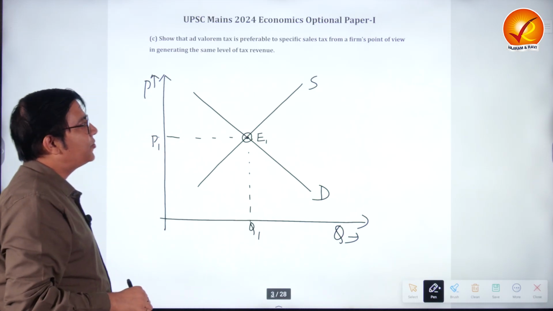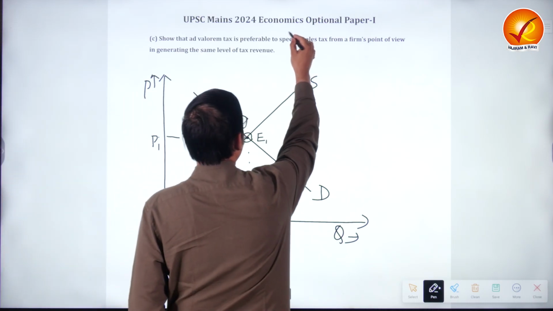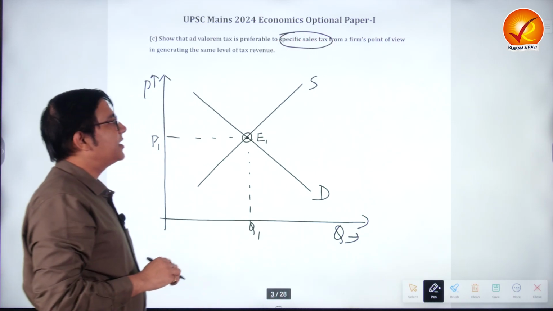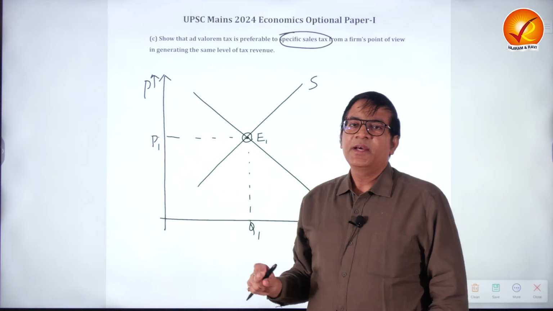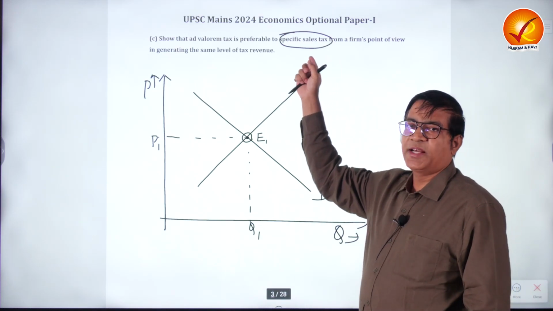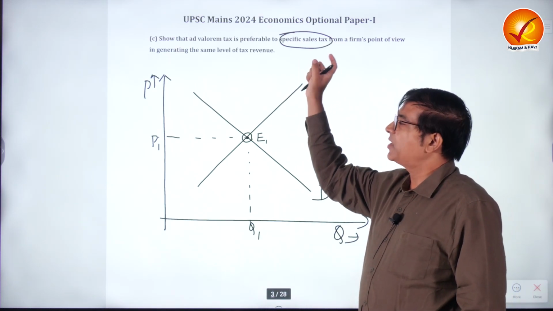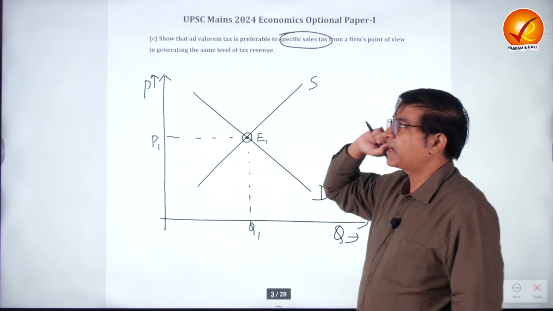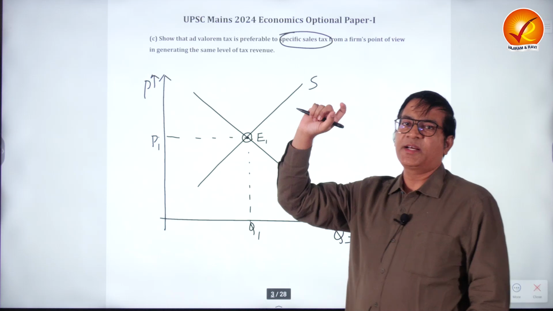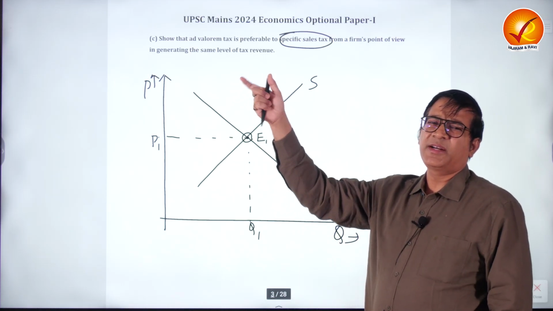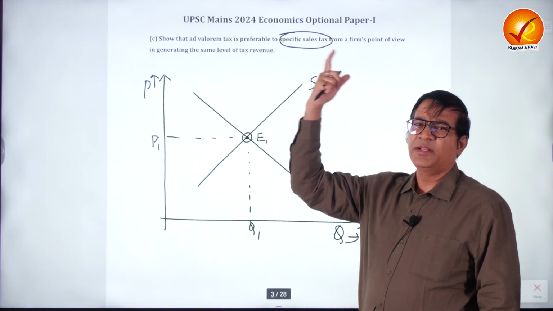And then there are two things here. One is the specific sales tax. Specific sales tax is typically on the quantity of the good. Okay, you can also call it a per unit tax, by the way. That is on the quantity of the good, for example, on certain units of a product or certain other quantities, liters of some fuel and so on.